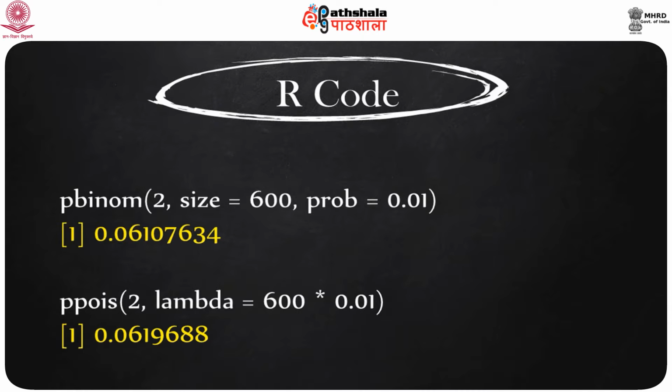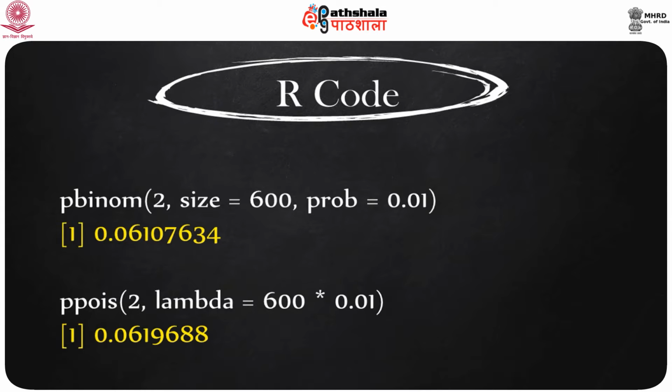So, basically we want the distribution function of a Poisson distribution with the command ppois(2, lambda=n*p), that is 600 into 0.01. Since n is sufficiently large and, on the contrary, p is sufficiently small, we can use this, and let us look at what we are having here actually.